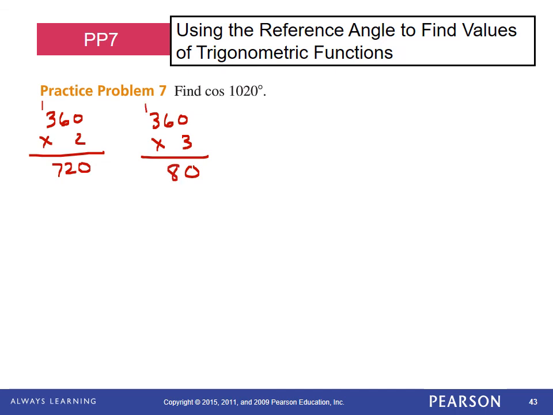If you do that multiplication in your head, you wind up going a little bit too far. So we can't use 1080. We'll have to use 720 as our number. That means there were 2 full revolutions and then some. So if we subtract that out, we get 300. Okay, I'll wait for you guys to catch up on that one here.